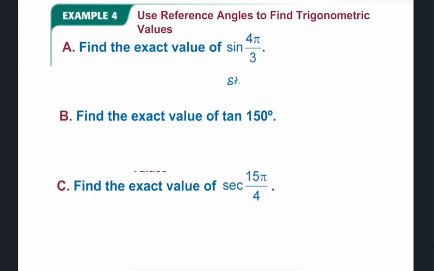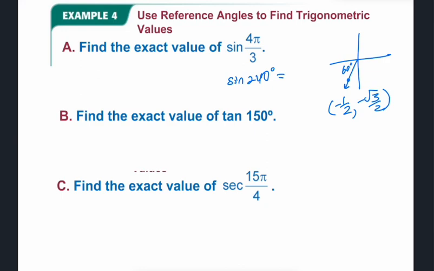So let's think about that as the sine of 240. 240 is right here. All we need is the point. Now that has a reference of 60. So that is the point, negative 1/2, negative square root of 3 over 2.